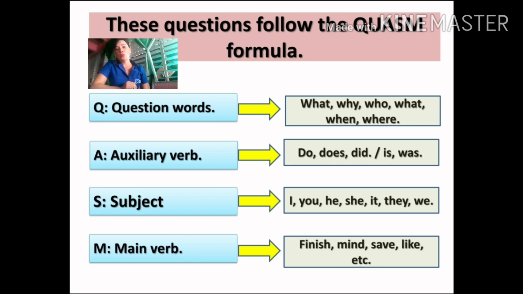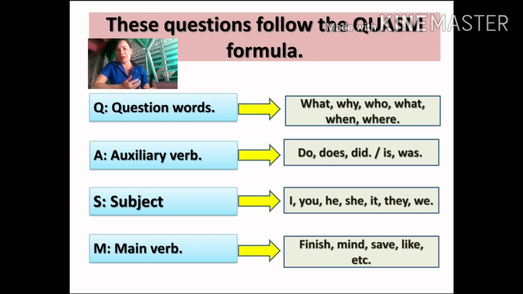These are called question words. Don't forget, question words. Then auxiliary verb. The auxiliary verbs that we have here are do, does, did. And also we have is and was.